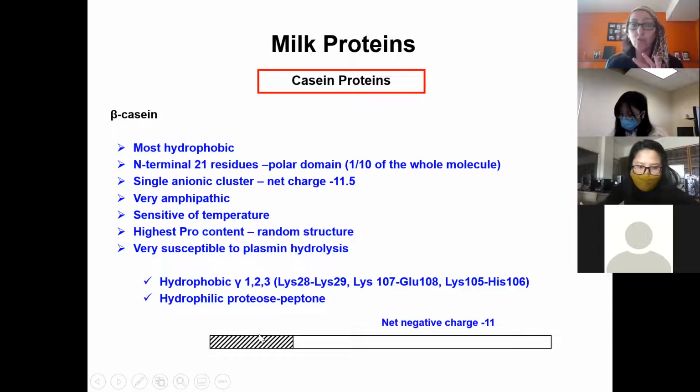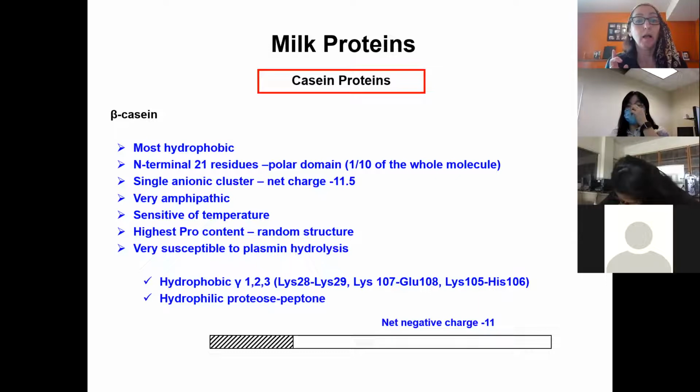So it's the least charged. It is phosphorylated, but it's the least phosphorylated protein. So it's most hydrophobic, least phosphorylated, very amphiphilic or amphipathic, same thing. It has the highest proline content, so the most random structure.